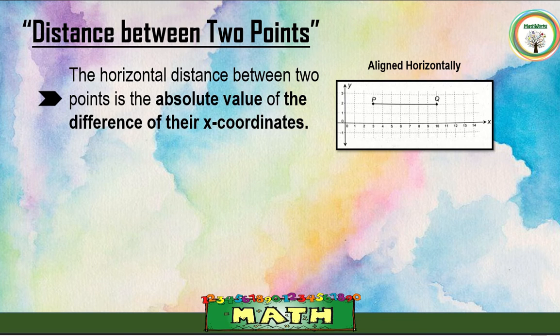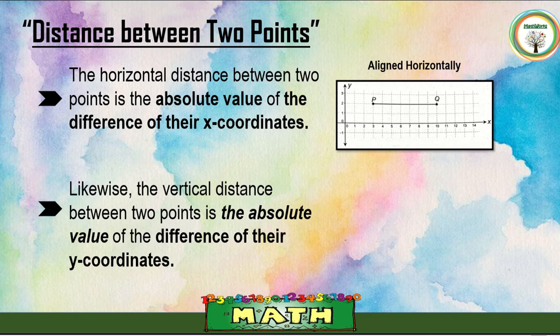Next. So as you can see, point P and point Q are aligned horizontally. So the horizontal distance between 2 points is the absolute value of the difference of their x coordinates. So we can find the distance between point P and point Q by finding the absolute value of the differences of their x coordinates.